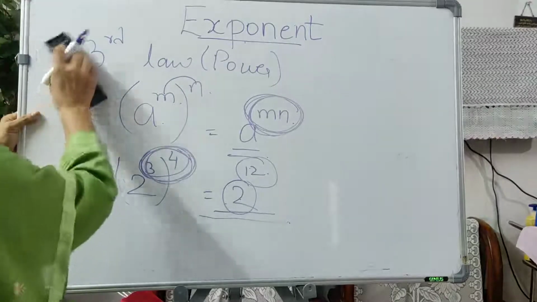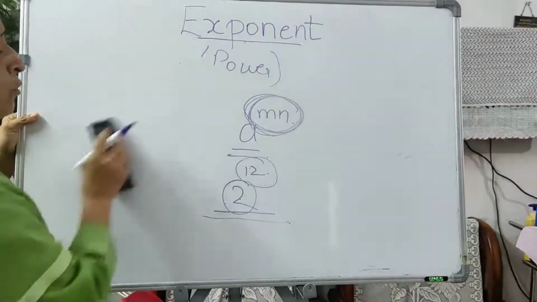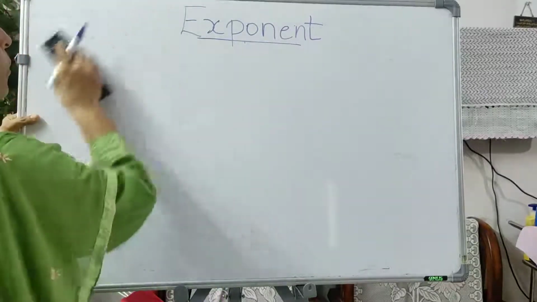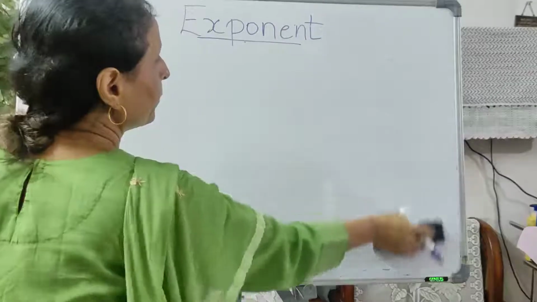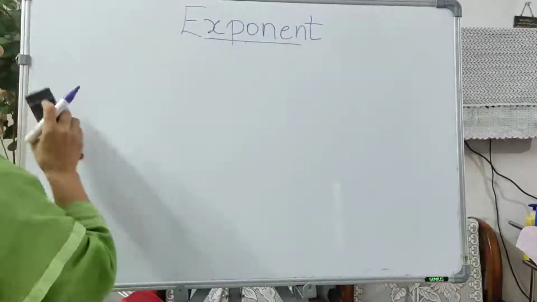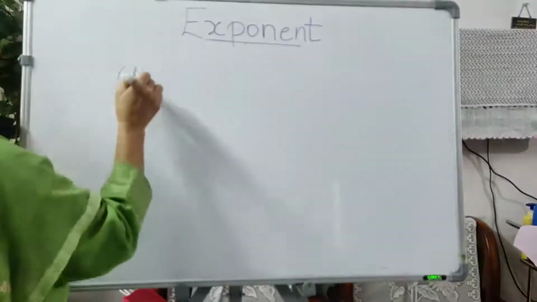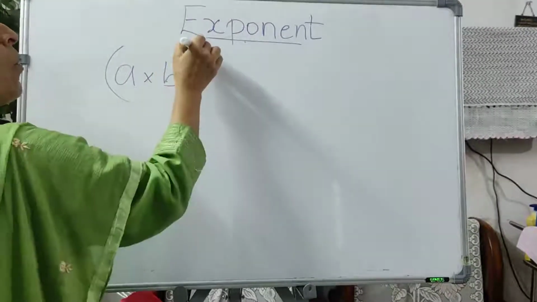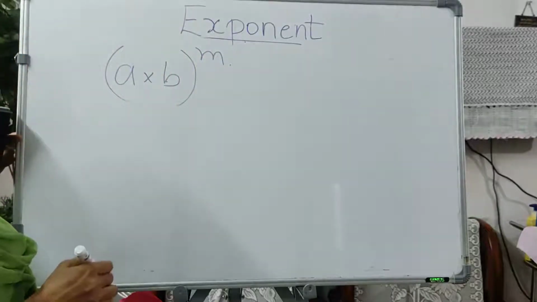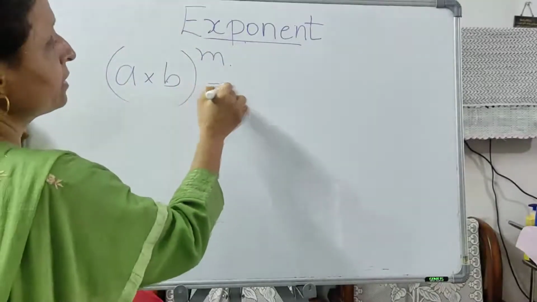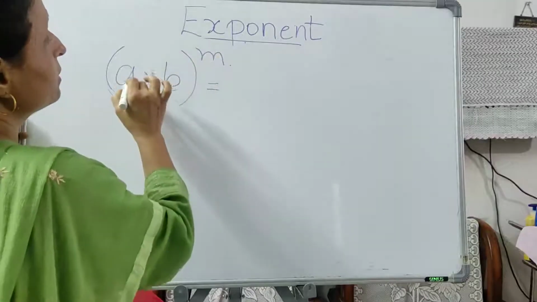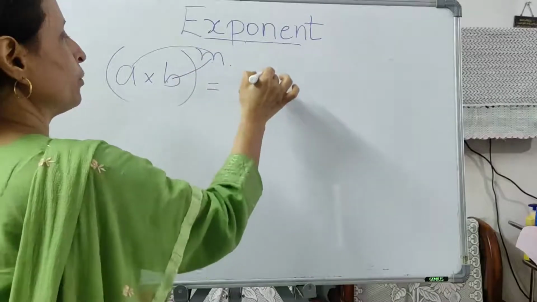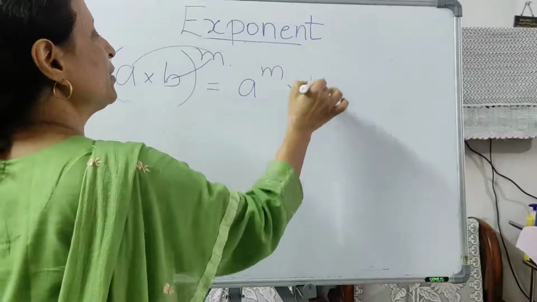Now, if there are two variables, there are some more concepts you have to understand about the exponent, about the indices. Supposing I have two variables and there is one exponent. What I can do with this is apply it to both: a raised to m into b raised to m.